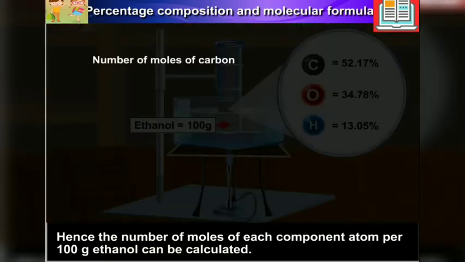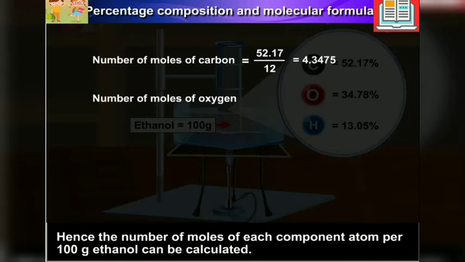Number of moles of carbon equals 52.17 upon 12 equals 4.3475. Number of moles of oxygen equals 34.78 upon 16 equals 2.1735.